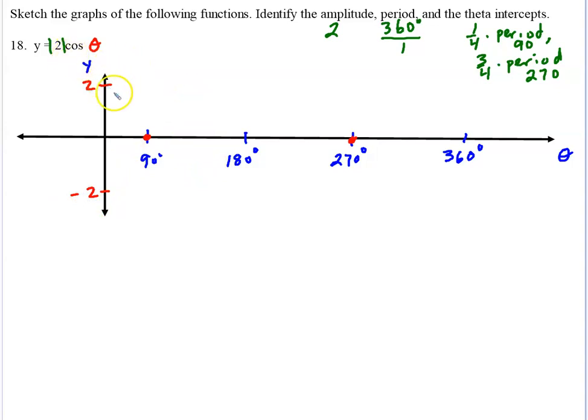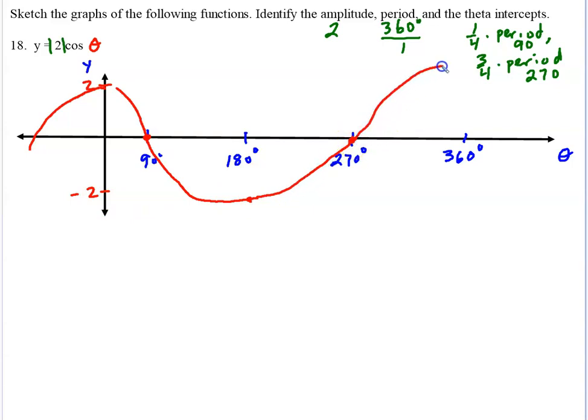So cosine will come up, and we're going to go down to 90 degrees. We're going to bottom out at 180. So basically the point 180, negative 2 is where we hit the bottom, and then we come back up to 270.